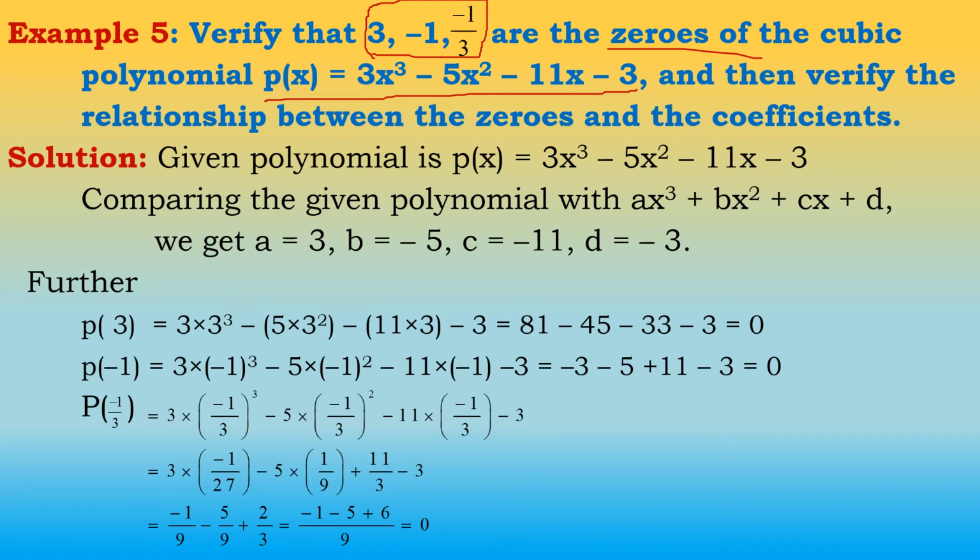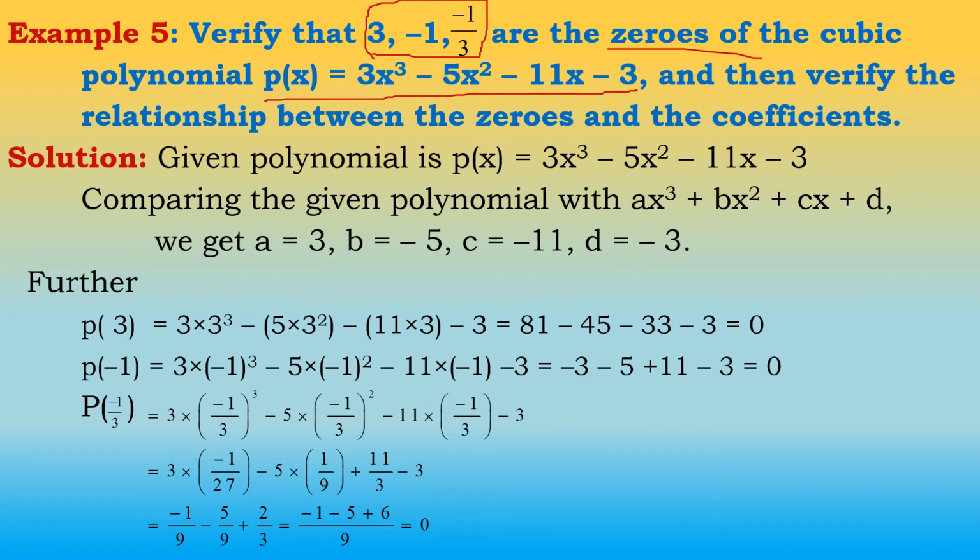By replacing the variable with a constant and simplifying the polynomial, when we get the answer 0, then the number is called a zero of the polynomial.